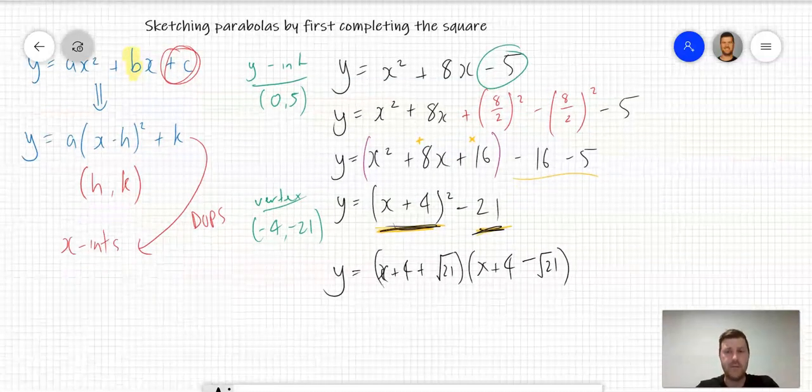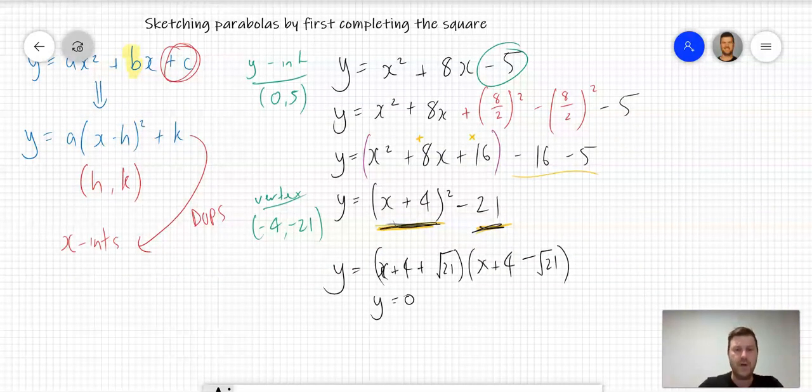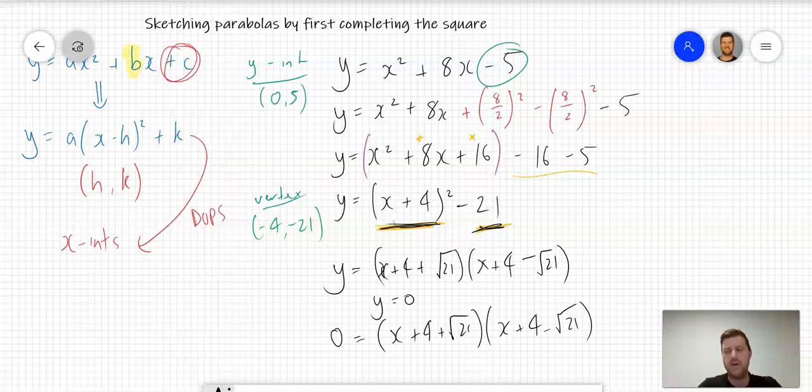So, if I was to then solve this using the null factor law, remember, y would be equal to 0. So 0 equals x plus 4 plus root 21, or x plus 4 minus root 21.